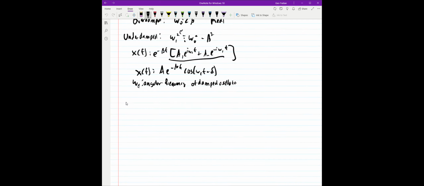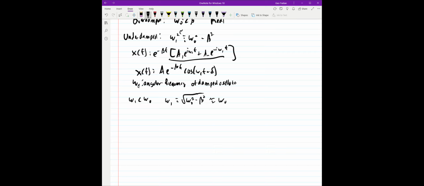Excellent. And what we can basically say is that if omega 1 is less than omega naught, if the damping is small, then omega 1 is equal to the square root of omega naught squared minus beta squared, from our definition. And that's almost just omega naught, but it's not actually true unless beta is 0.